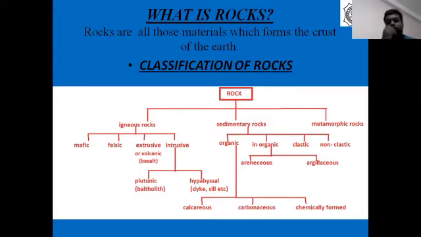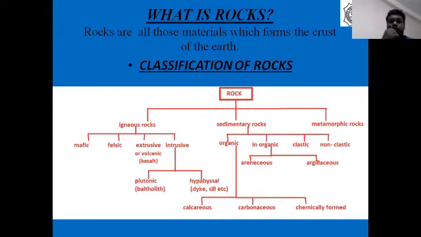Now let's see the classification of rocks. Rocks may first be simply classified into three parts: igneous rocks, sedimentary rocks, and metamorphic rocks. Igneous rock is further classified into mafic igneous rock, felsic igneous rock, extrusive igneous rock, and intrusive igneous rock.